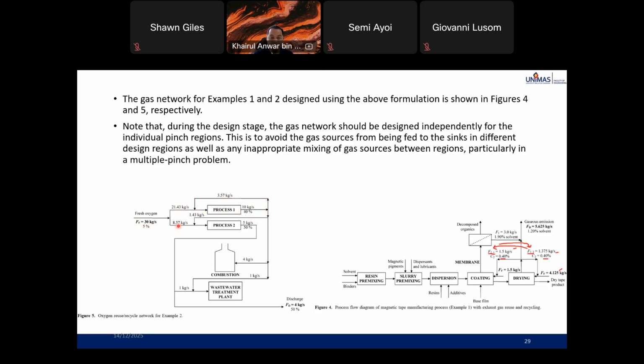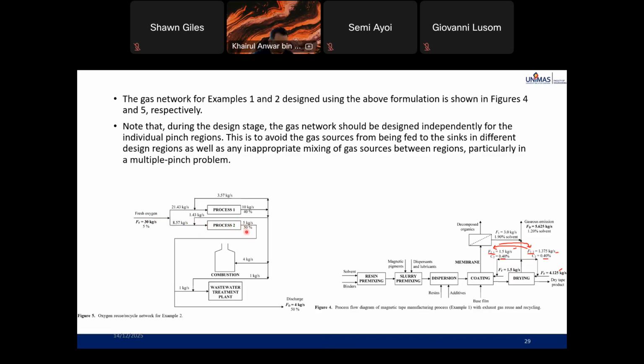Next is process two. Process two is similar, 40% plus 5%. Not 45%, it will be diluted after process two.